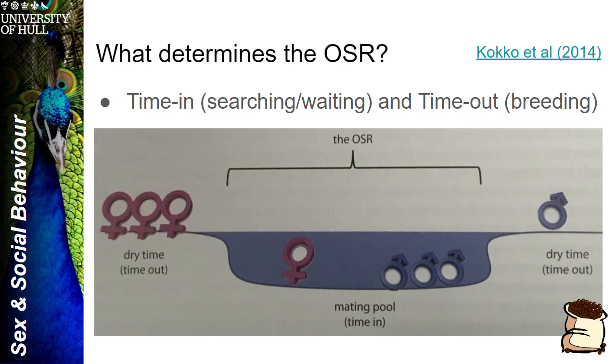There are time in, time out models, where time in refers to time in the mating pool, and time out refers to time spent investing in breeding. So time out would be parental care, or time for a male recuperating from the effort of breeding, time when you can't be looking for mates. And time in is the time when you're actively searching and competing for mates.